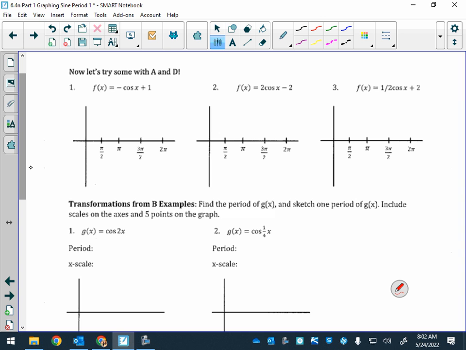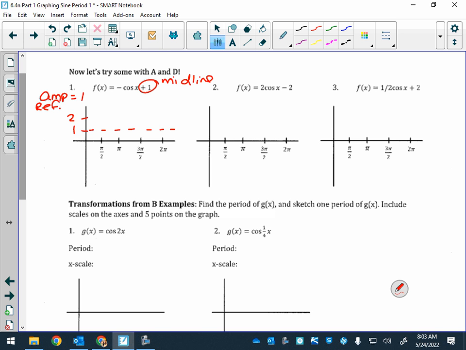So what is our midline in number 1? 1. Now, what is our amplitude? 1, but what is happening? So what is our highest y value? So we add 1, and what's our lowest?